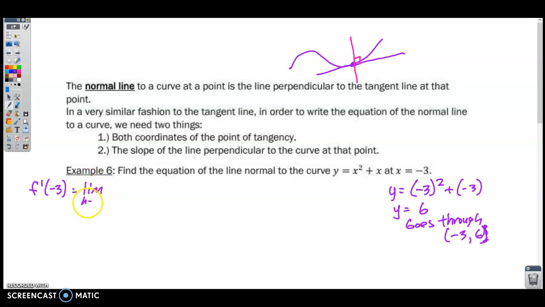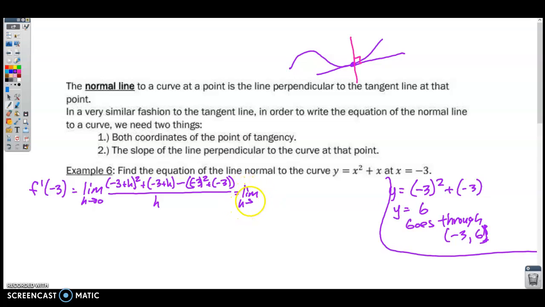That's the limit as h goes to 0 of negative 3 plus h, quantity squared, plus negative 3 plus h, minus negative 3 squared plus negative 3, all over h. And so that's going to be the limit as h goes to 0 of 9 minus 6h plus h squared minus 3 plus h, minus 9 minus 3.